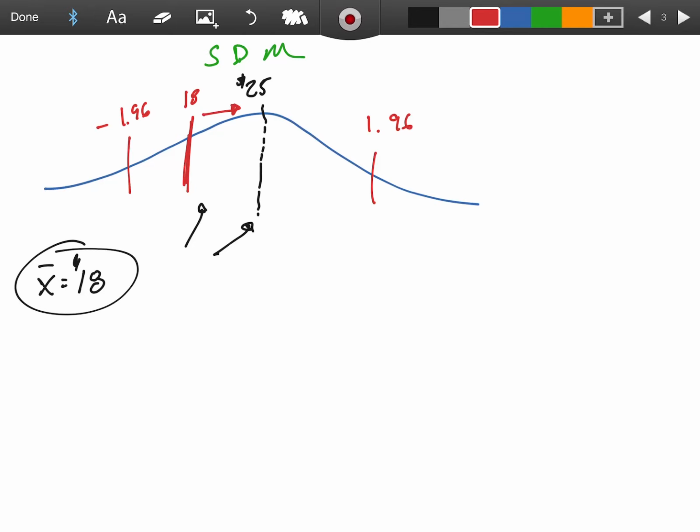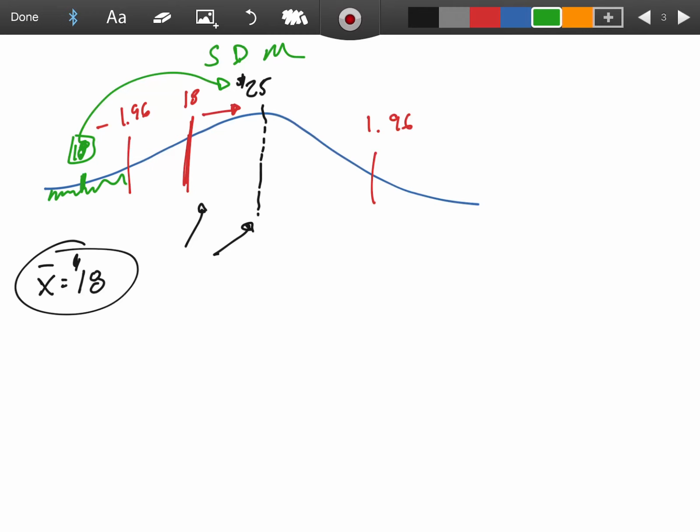But if that $18 value lands out over here in the region of rejection, then I can say, this value of 18 is different enough from 25 based on my statistics to reject the null and accept the alternative hypothesis that they are in fact not the same.